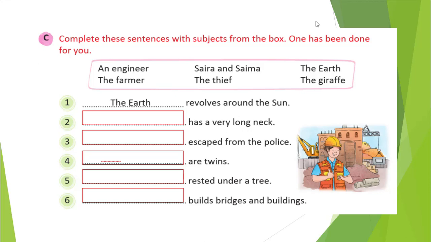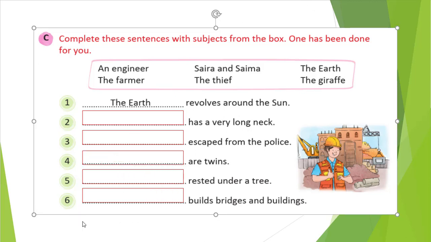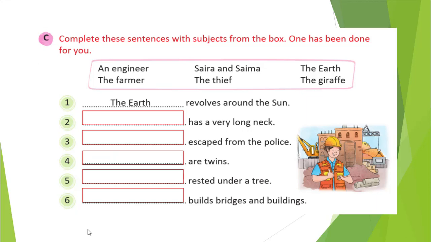Now the third exercise: we just need to select the correct subject for the appropriate predicate. That is our task. You can see the first one. Suppose there is no answer given there.